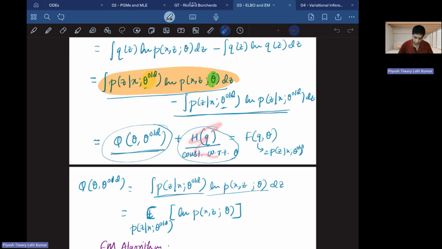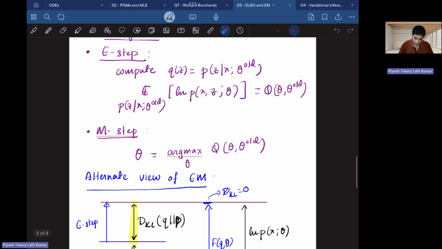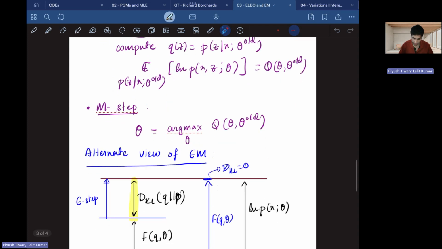The entropy is not dependent on theta, so we can ignore that, and the Q function is the one we are interested in. The first step involves calculating this expectation and setting Q of Z, your variational distribution, equal to P of Z given X. The second step involves keeping this distribution as it is and maximizing over theta. So expectation and then maximization: EM.